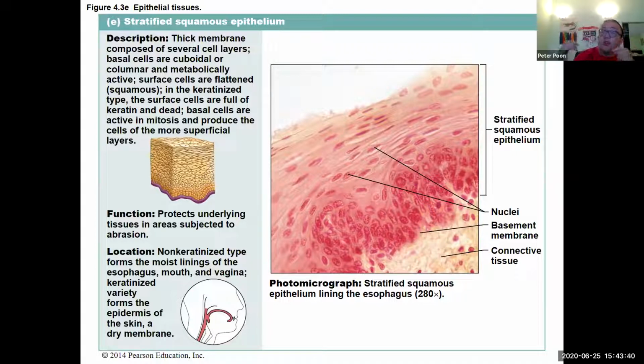So it's not a big deal if you have like 30 or 40 layers here that you lose one or two. Okay, they can grow back. That is the whole purpose of stratified squamous epithelium.